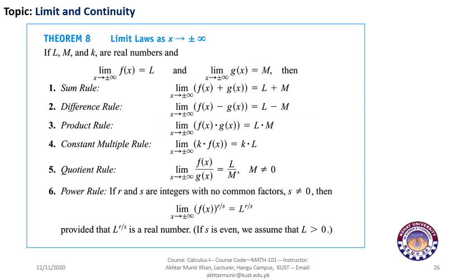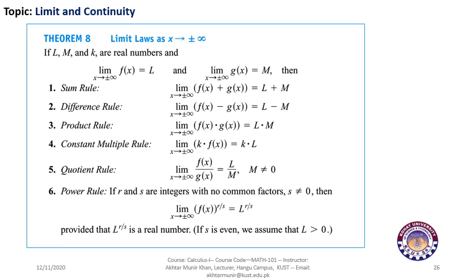There are some results or theorems, limit laws as x approaches plus or minus infinity. If L, M and K are real numbers, and limit x approaches plus or minus infinity f of x equals L, and limit x approaches plus or minus infinity g of x equals M, then the sum rule states that the limit of the sum is equal to the sum of the limits.